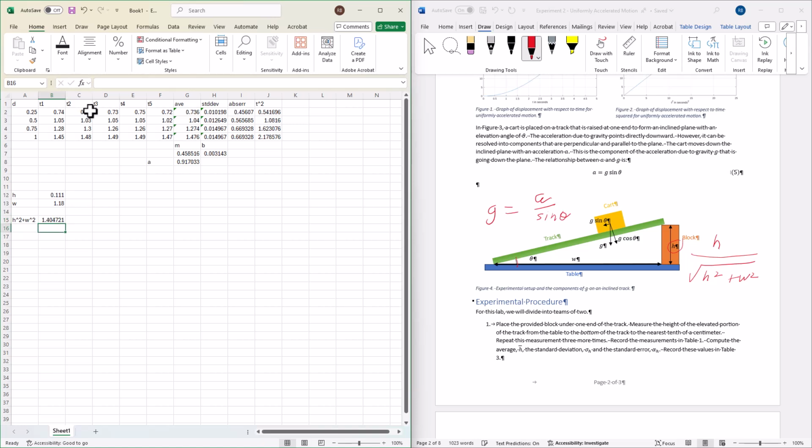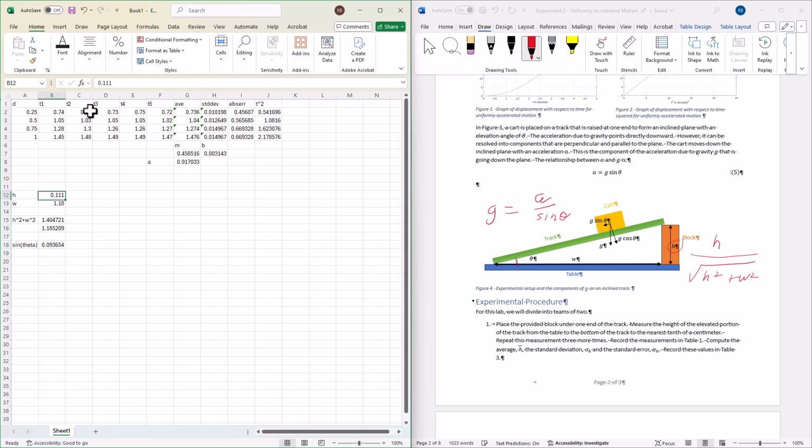Take the square root of that number over there, that is my hypotenuse, and then sine of theta is going to be equal to h, that's h right there, divided by my hypotenuse, which is that number right there. Okay, so that is sine of theta.